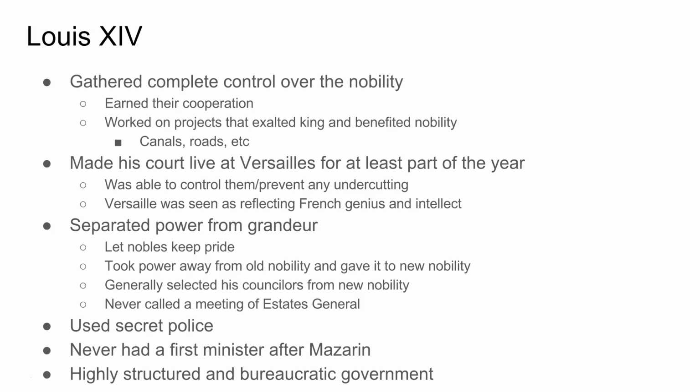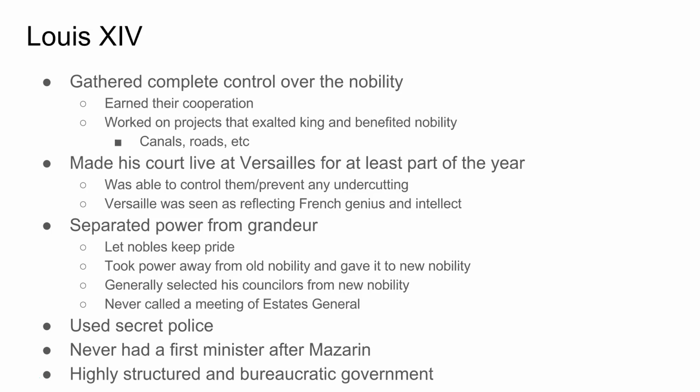This also increases trade across the country and speed of movement because things are just able to be transported faster when they are on roads and canals and a whole network rather than the way they had been before. So that's an important way that he gains the cooperation of the nobles.